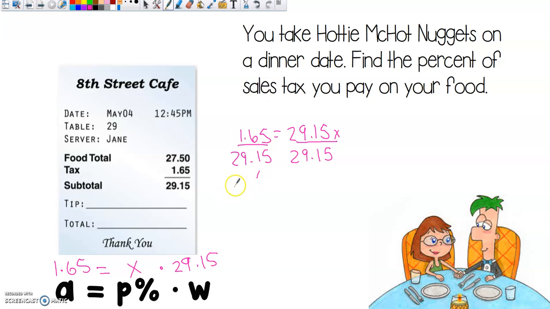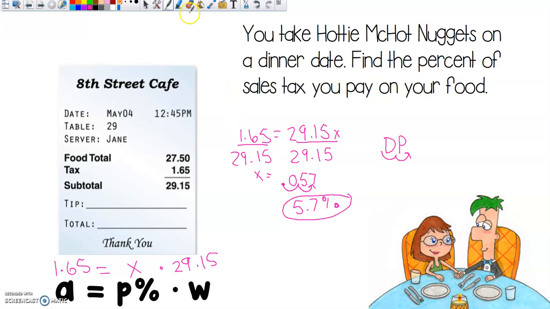And I got x equals, and I'll have to round here, 0.057. But I know it was asking me for a percent, and I gave you a decimal, so I will try my trusty DP, my Dr. Pepper, decimal to percent, move over 1, 2, so my sales tax was 5.7%. So now we know the percent of sales tax in this state is 5.7%. Pretty similar to Wyoming.